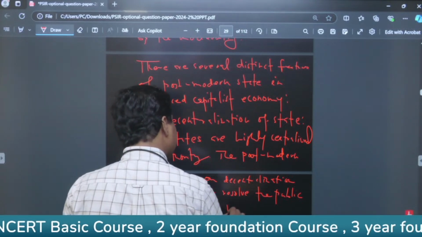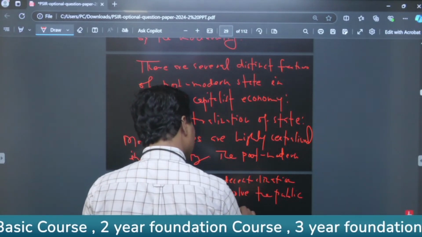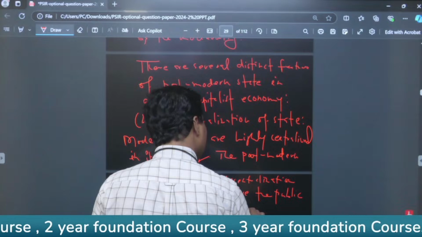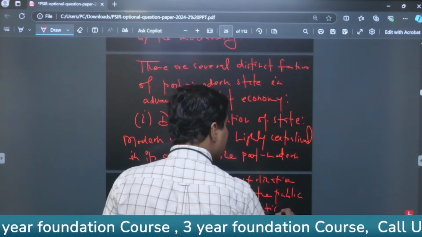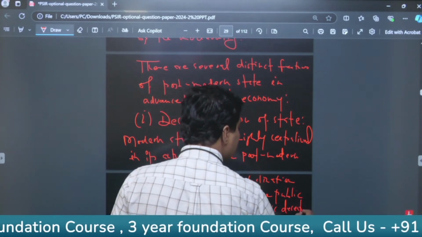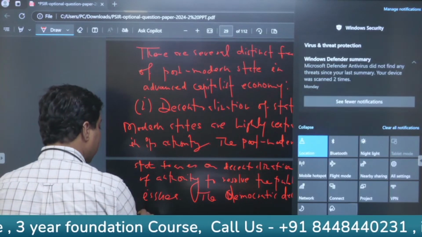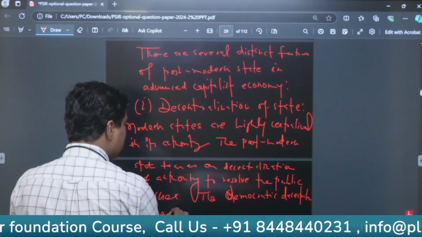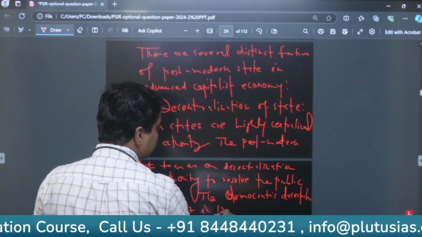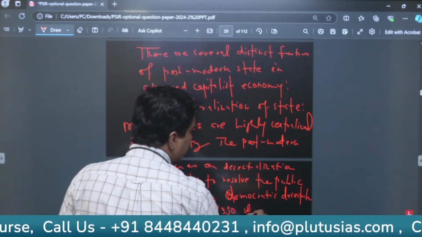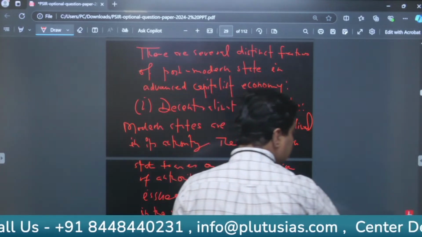The democratic decentralization in the West in 1990 had a postmodern impact.